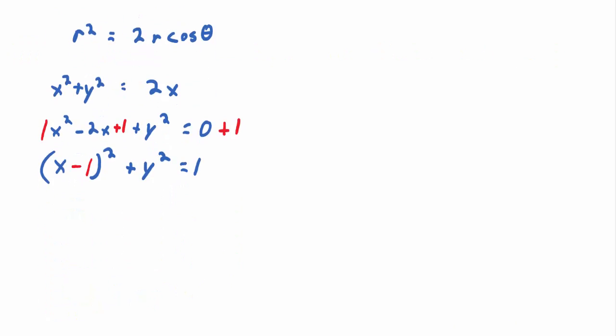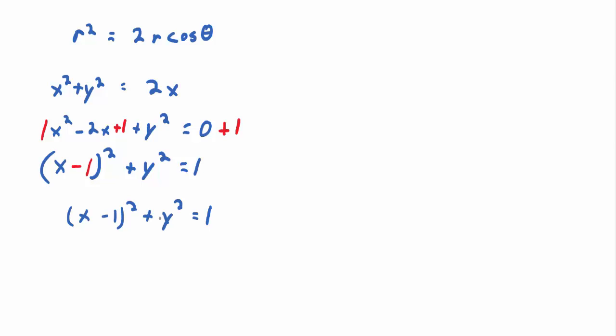Okay. And so what is this equation? In just the xy plane, what would this be? It'd be a circle. What would the center be? 1, 0. But it's in space. The z coordinate's missing, so if you translate a circle, a generating curve that's a circle, parallel to the z-axis, what do you create?